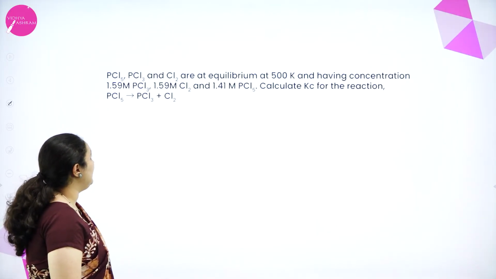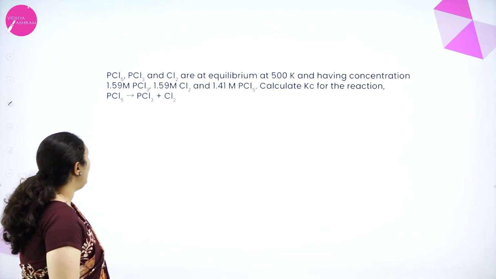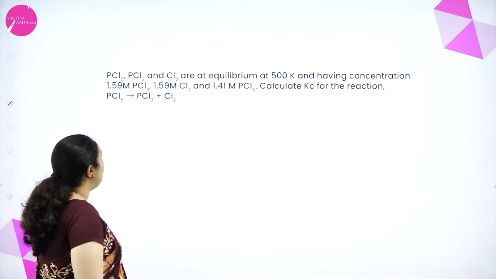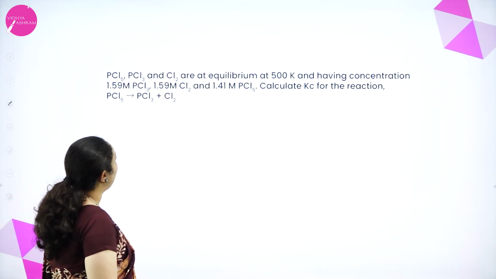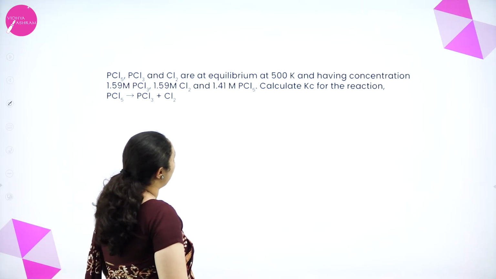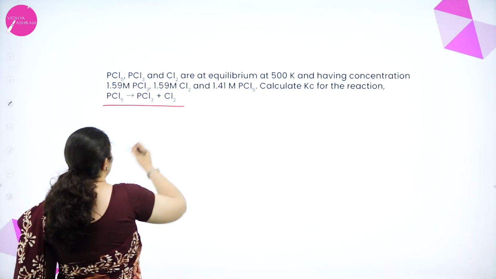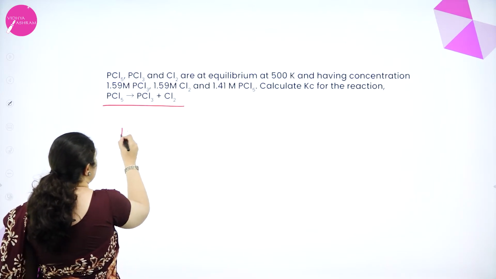PCl5, PCl3 and Cl2 are at equilibrium at 500 Kelvin. PCl3 is 1.59 molar, Cl2 is 1.59 molar, and PCl5 is 1.41 molar. Calculate Kc for the reaction. So reaction is given. I need to write the Kc value.